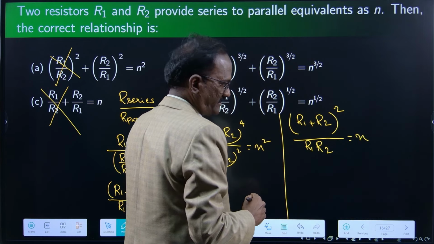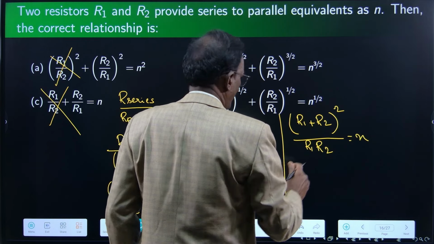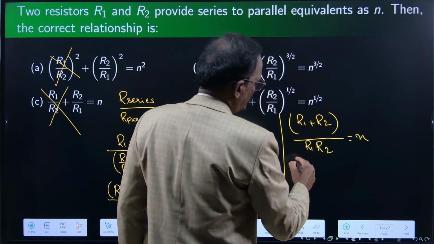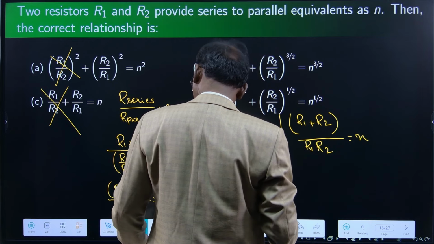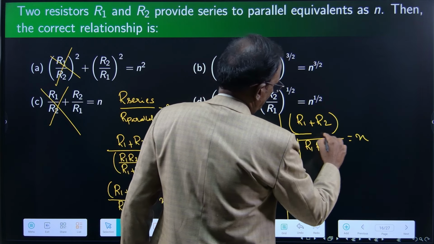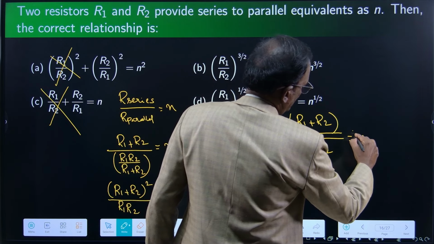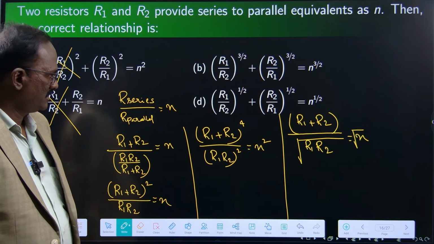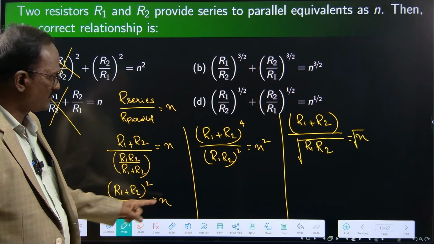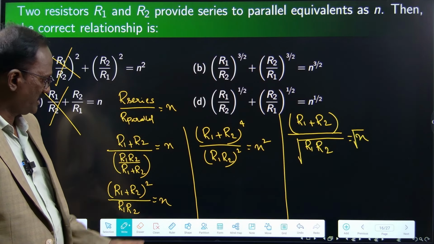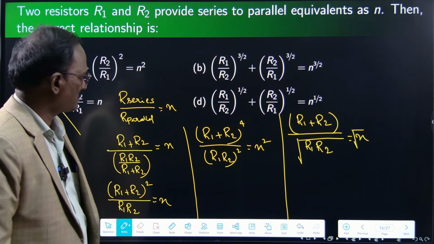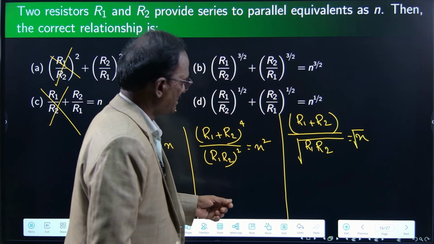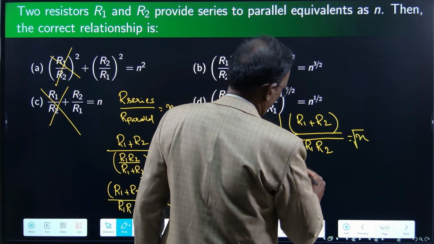If I take the square root, it will be R1 plus R2 under the square root, divided by the square root of R1 R2, equal to the square root of N. So we can simplify it. Let us check and simplify it.